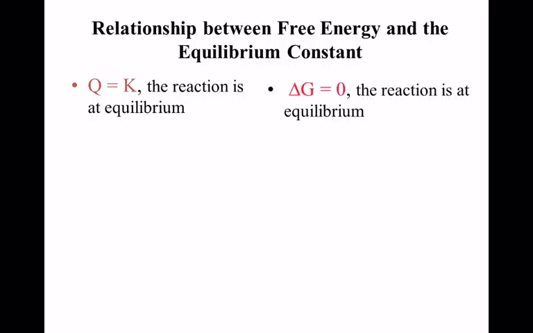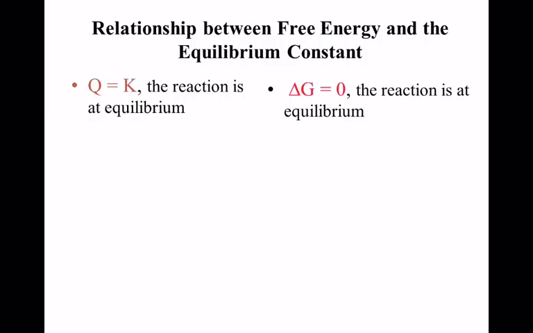Now, let's relate delta G and K. We said if our snapshot is equal to your constant, then it's at equilibrium. That's kind of analogous to if delta G is equal to 0, it's also at equilibrium.